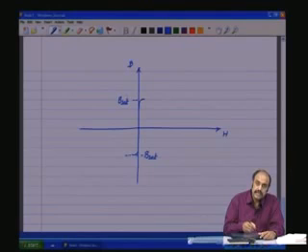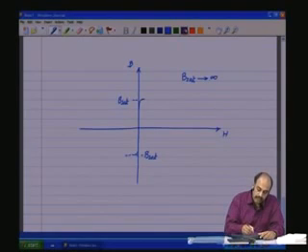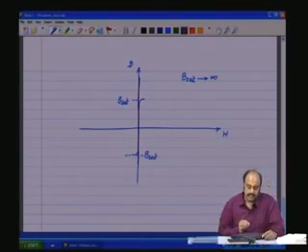Now, if B sat tends to infinity, then you will end up with a magnetization curve which is the vertical axis itself.